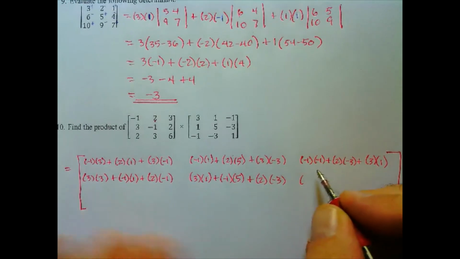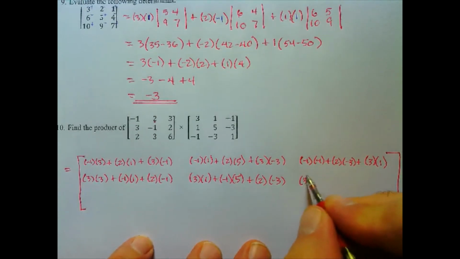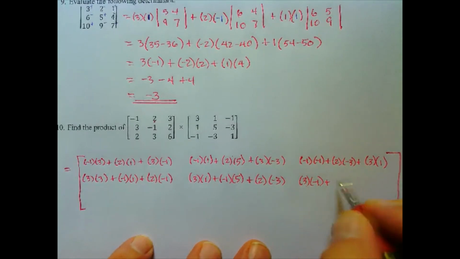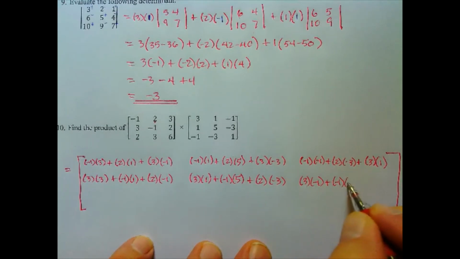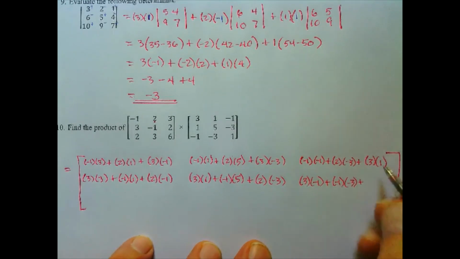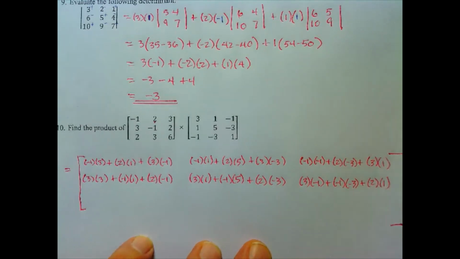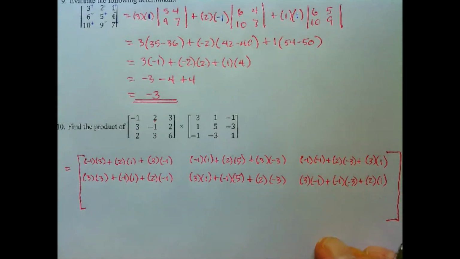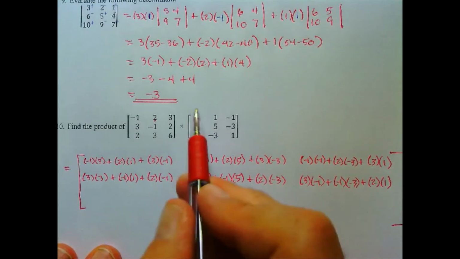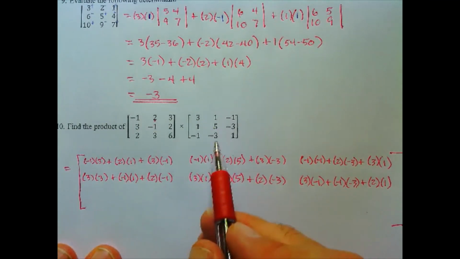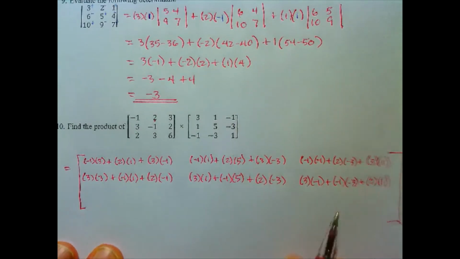And then 3 times -1 plus -1 times -3 plus 2 times 1. And so we have finished out row 2. Again, this times that, this times the next one, this times the third one.